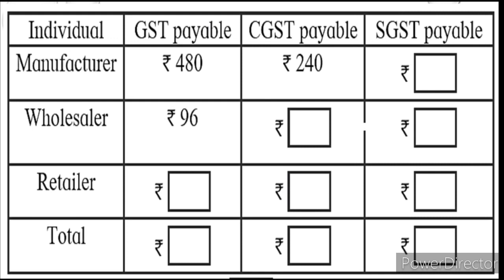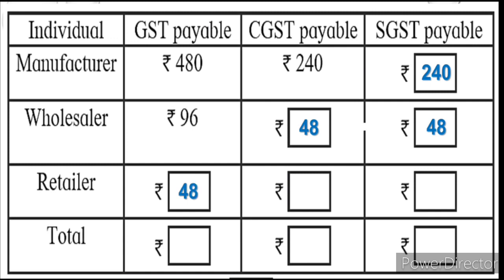Manufacturer paid GST of 480 rupees. So CGST will be 240 and SGST will also be 240, half of it. As wholesaler paid GST of 96, CGST will be 48 and SGST will also be 48 rupees.